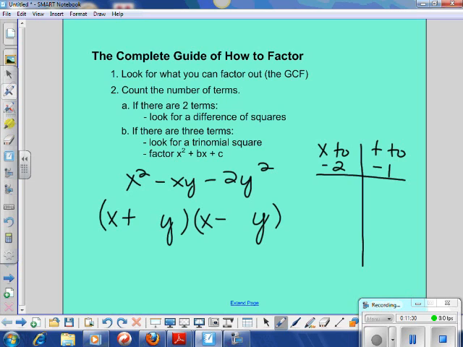Remember, it's negative xy, it's the implied 1. To multiply to negative 2, I could have negative 1 times 2, or I could have 1 times negative 2, correct? So negative 1 plus 2 is equal to 1, and 1 minus 2 is equal to negative 1. It's our second term, so it's a positive 1 and a negative 2. Make sure you check all these as you go through them.